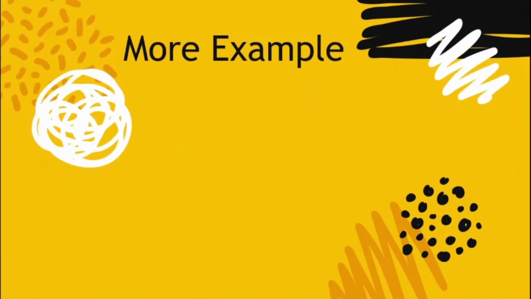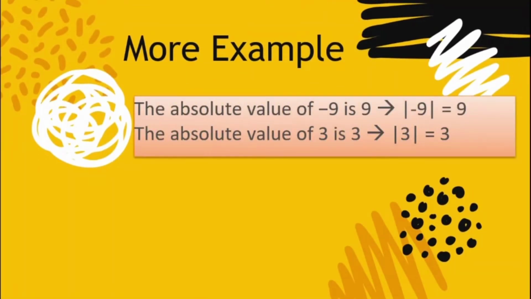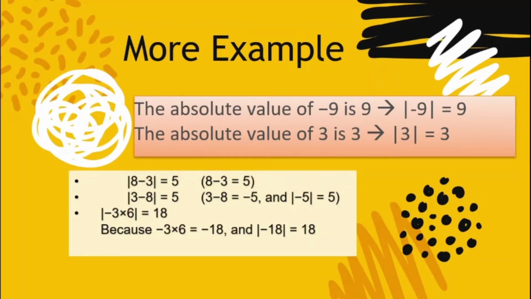More examples. The absolute value of negative 9 is 9. The absolute value of 3 is 3. The absolute value of 8 minus 3 is 5. The absolute value of 3 minus 8 is 5 too, because 3 minus 8 is negative 5, and the absolute value of negative 5 is 5.